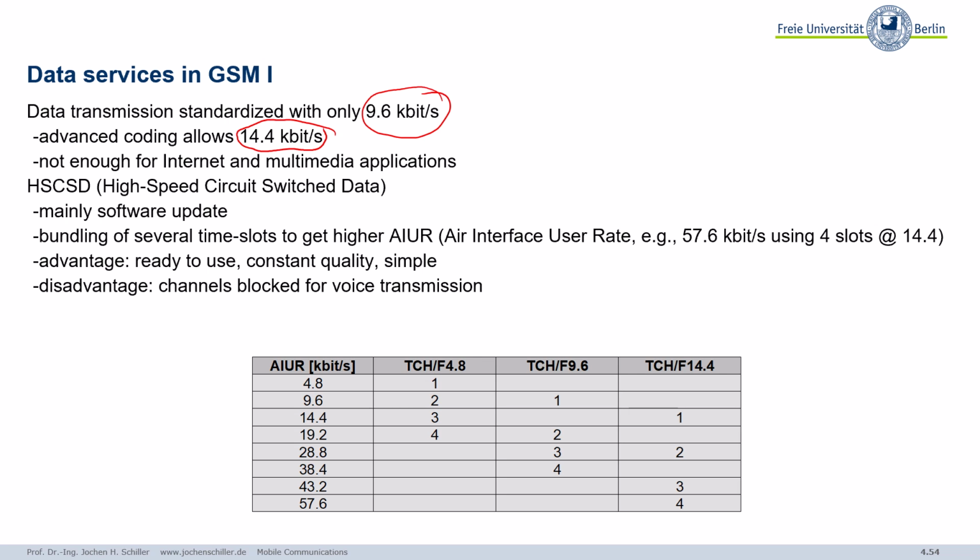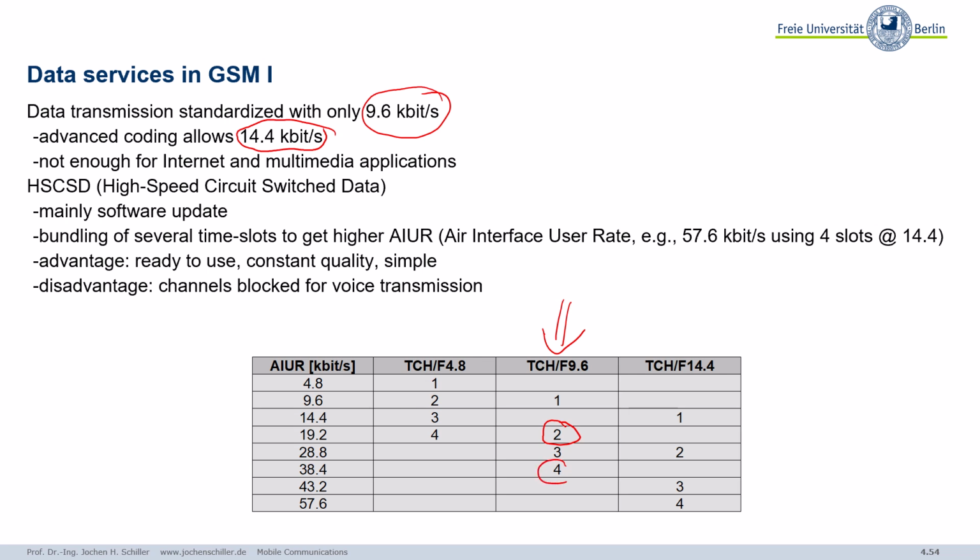So the first step towards higher data rates was combining several of the time slots. So this was mainly a software update. So basically, you bundle time slots. For example, if we look here on the full rate traffic channel offering 9.6 kilobit per second, by using 2 time slots, we already have 19.2.